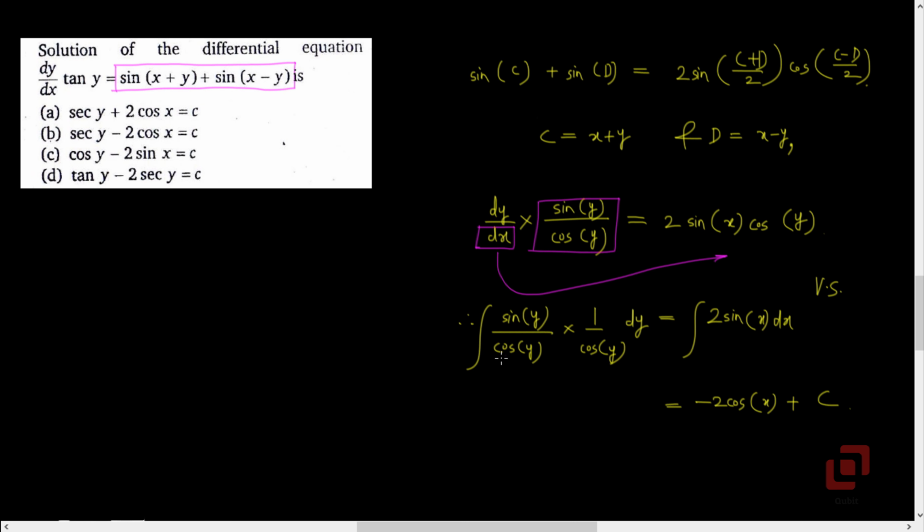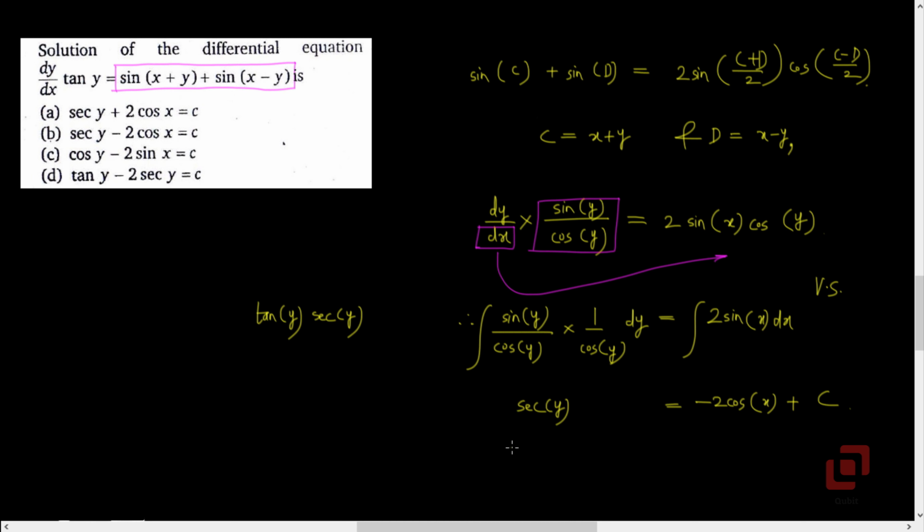Therefore, it will not cancel the already existing cos y in the left hand side. But we can easily integrate this. Sin y upon cos y is tan y, and 1 upon cos y will be sec y. And if you integrate tan y into sec y, that will give you sec y, because derivative of sec y is sec y tan y.